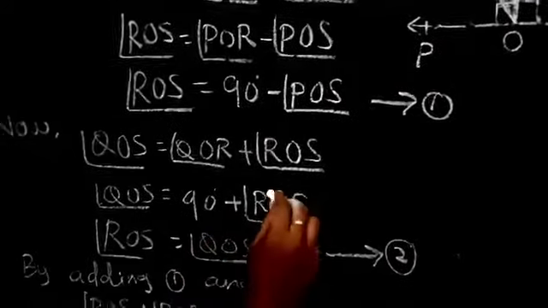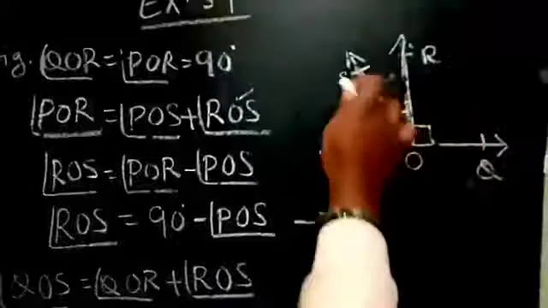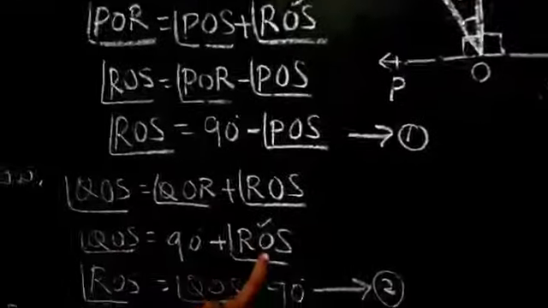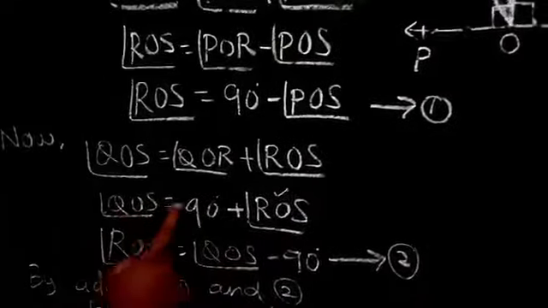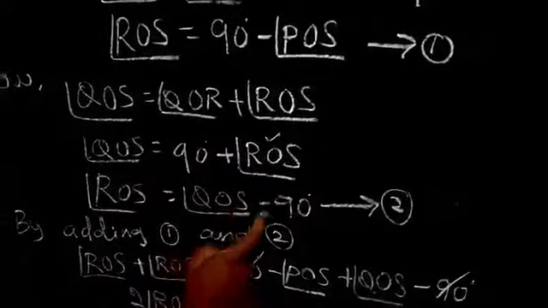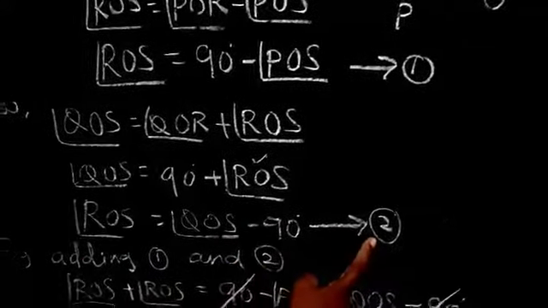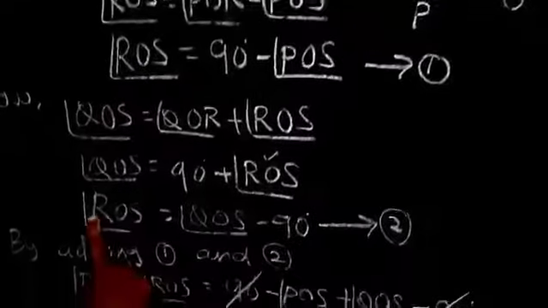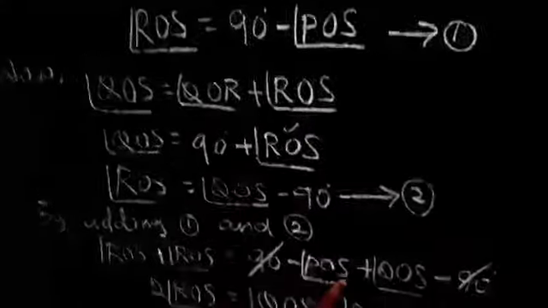We need ROS only here, as in the previous one we found and kept. So ROS equals QOS minus 90. This is equation 2. So first equation also ROS, second equation also ROS. Therefore this side and this side will be equal.